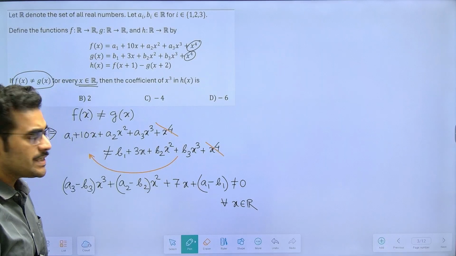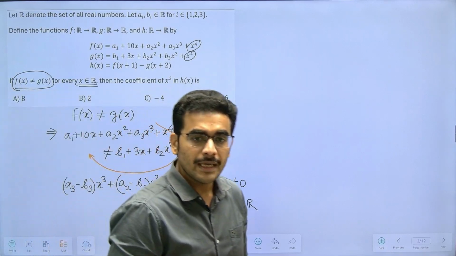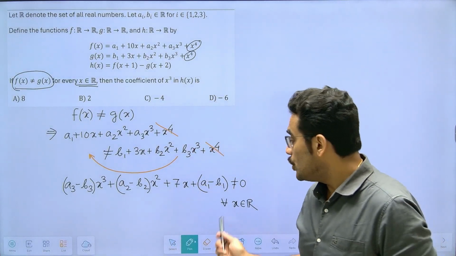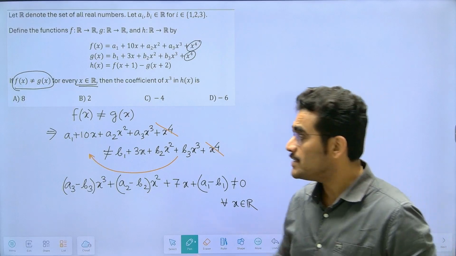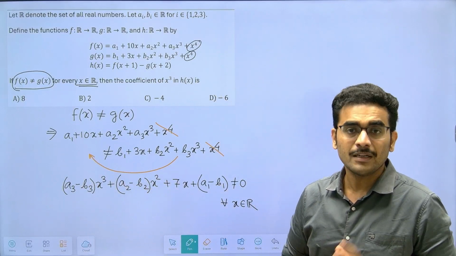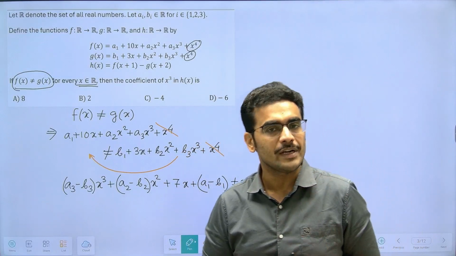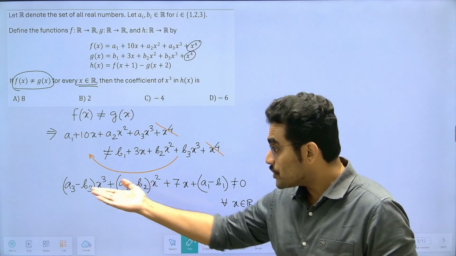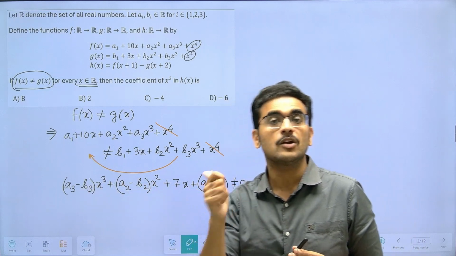What does it mean? If we consider this to be a cubic polynomial, then there are no real values of x which will satisfy the equation. That means we have a cubic polynomial which has no real root. But if we consider a cubic polynomial, there must be at least one real root, because the equation has real coefficients, and if complex roots come, they will come in conjugate pairs.